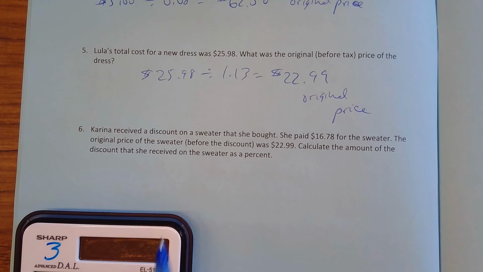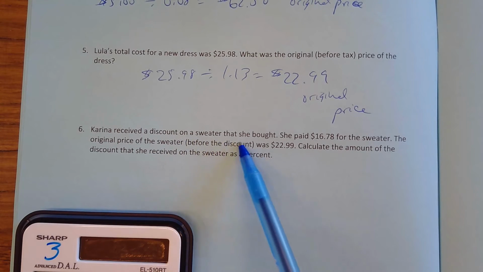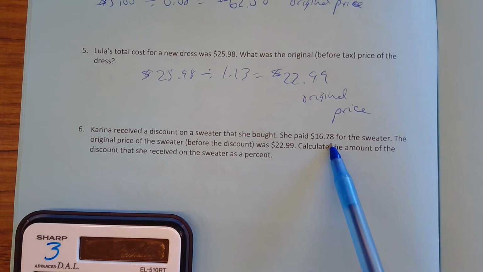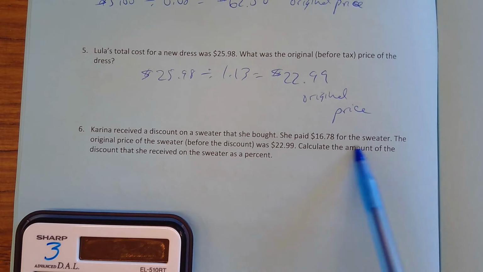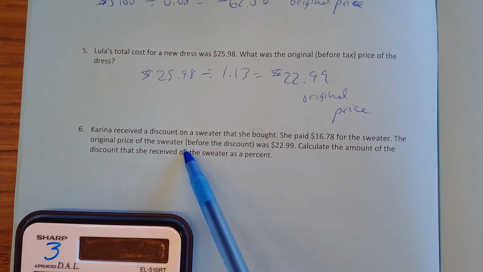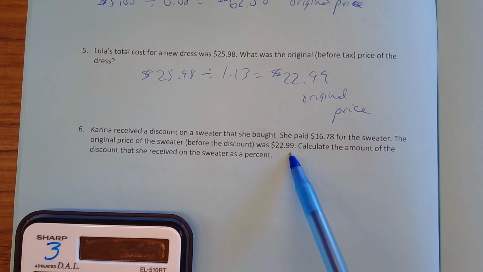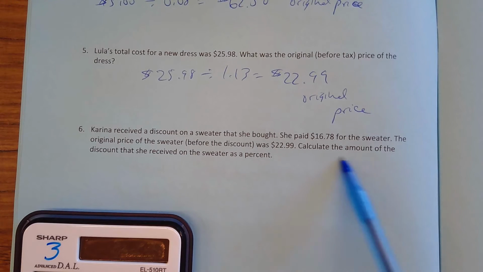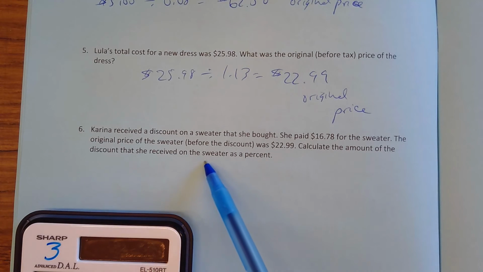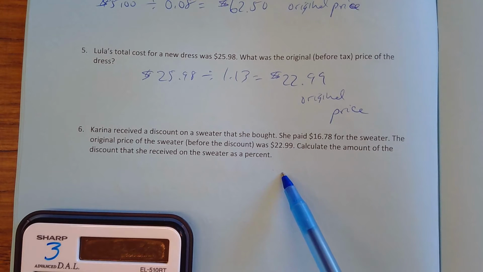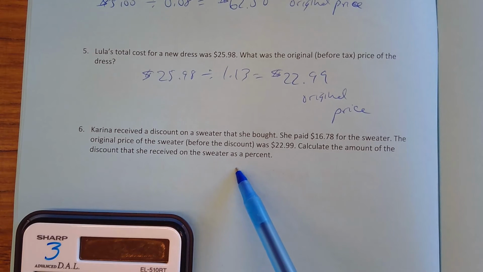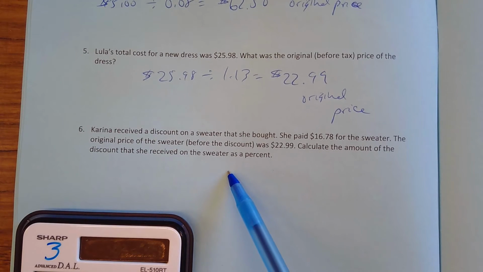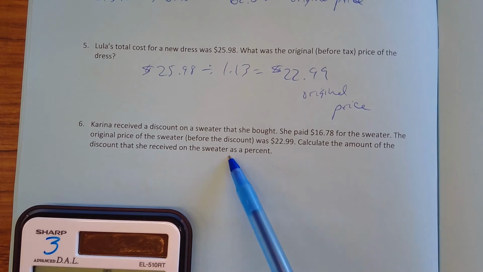Number 6, Karina received a discount on a sweater that she bought. She paid $16.78 for the sweater, and the original price of the sweater was $22.99. Calculate the amount of the discount that she received on the sweater as a percent. Okay, that one's interesting. I might want to read that twice, because this one's different than what we've seen.